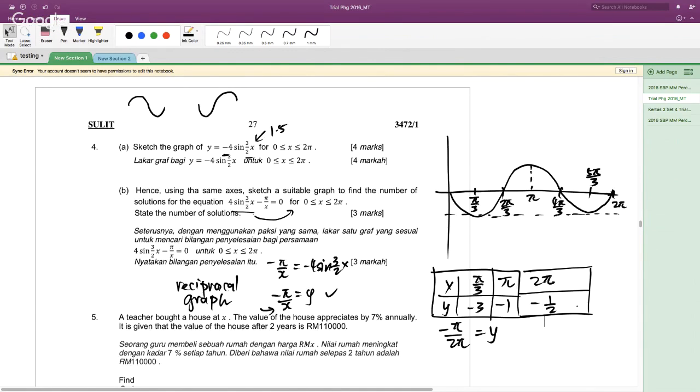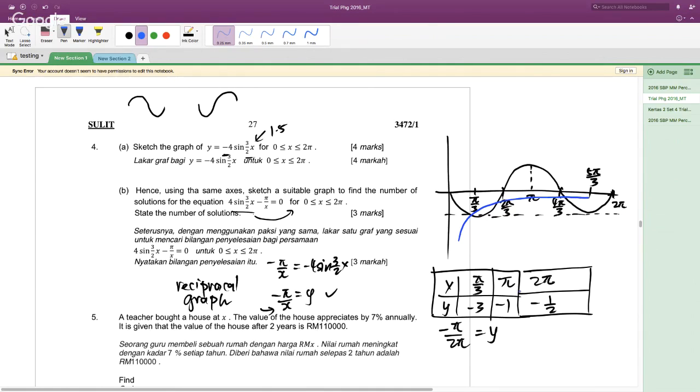Okay, so I have all these coordinates. So what I will do is I will actually substitute it back. Now this is reciprocal, so it should look like this. From -3 to -half, you should have a line looking like this.